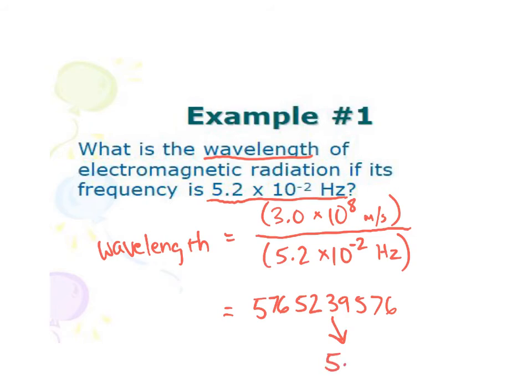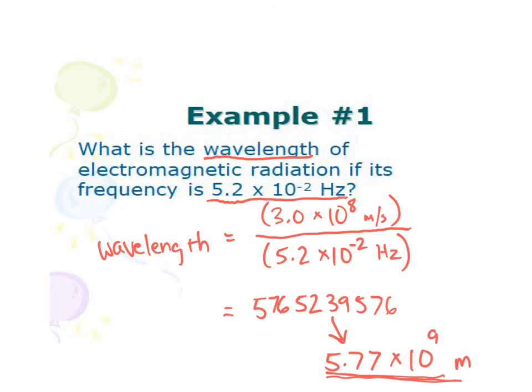This is what you probably got if you typed it in on a scientific calculator. 5.77 times 10 to the 9th. And what is my unit for this? Meters. All right, because we're measuring everything for wavelength in meters. This is actually 577 nanometers, but we're not looking at nanometers. We're just looking at meters. So this is my answer.